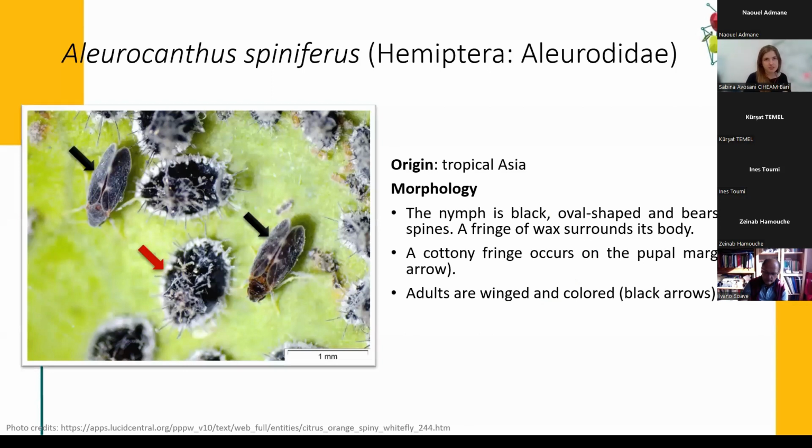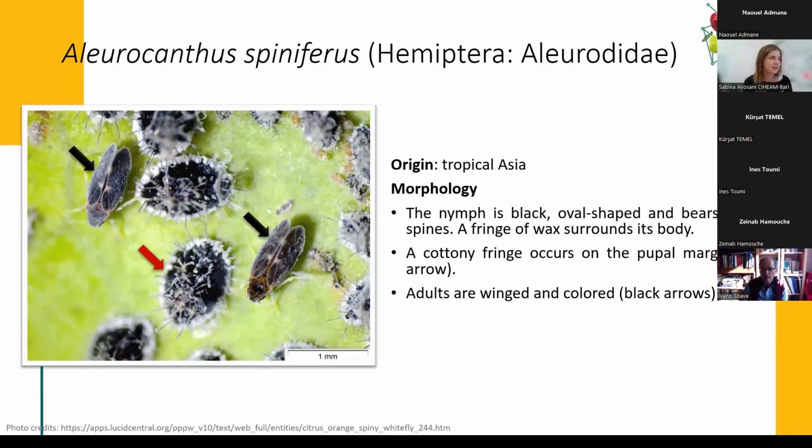I will briefly introduce you to the orange spiny whitefly, Aleurocanthus spiniferus, which is native to tropical Asia but was recently introduced in the European continent. As you can see, even if it's a whitefly, it has a distinctive black habitus.